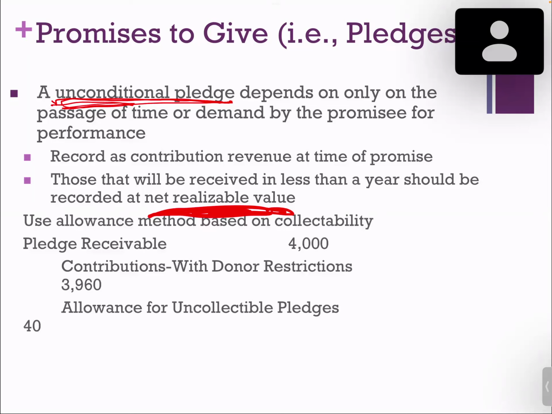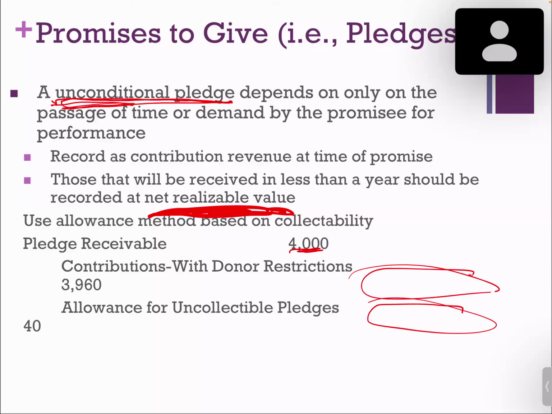Okay, so like in this case, sorry, I don't know why, just PowerPoint doesn't like my iPad, but we record our pledge receivable, and then we record contributions with donor restrictions. That's because of time. So that's our credit. So it should be over here a little more. And then we also credit an allowance account for uncollectible pledges.